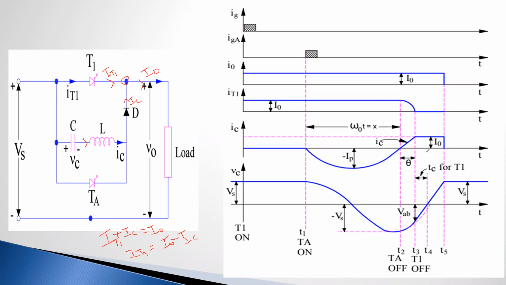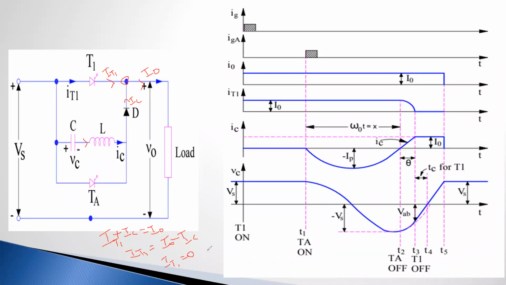See here, when the capacitor current reaches the load current, for example, 5 amperes is flowing through the load circuit. When the capacitor current reaches 5 amperes, 5 minus 5 is equal to 0, meaning IT1 is equal to 0.